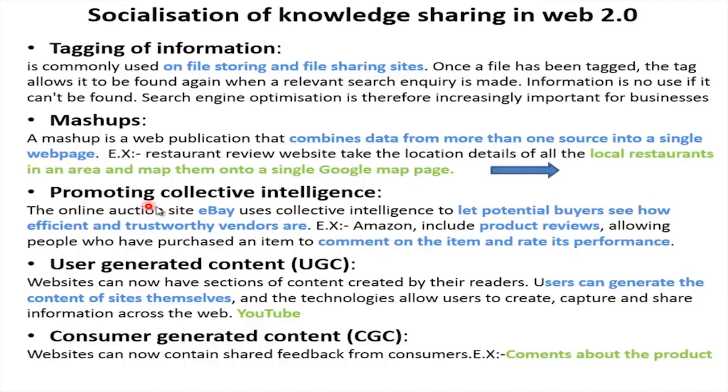So in eBay, it is collective intelligence. Collectively, the information is stored. In that way, a customer who logs into eBay can see the trustworthiness of the vendors, whether they are good or bad. Some person logs into the site and says the product that I purchased is not working.